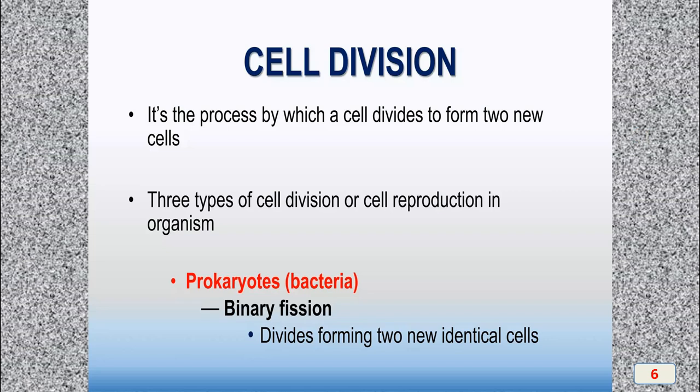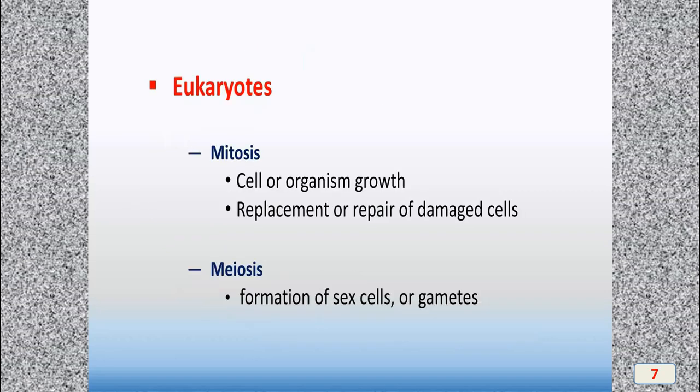One is prokaryotic cell division, or bacterial cell division, also known as binary fission. Here, a cell divides forming two new identical cells, whereas the eukaryotic cells, like human cells or animal cells, consist of meiosis and also mitosis.